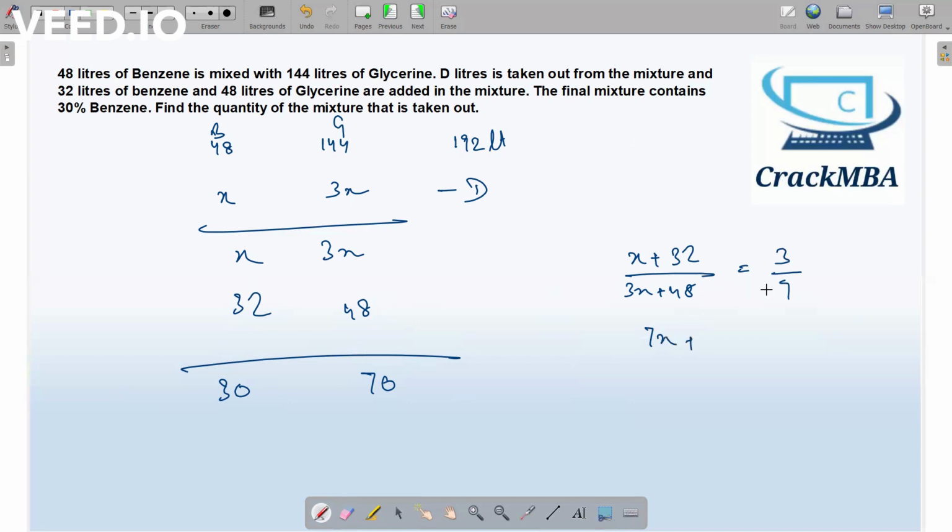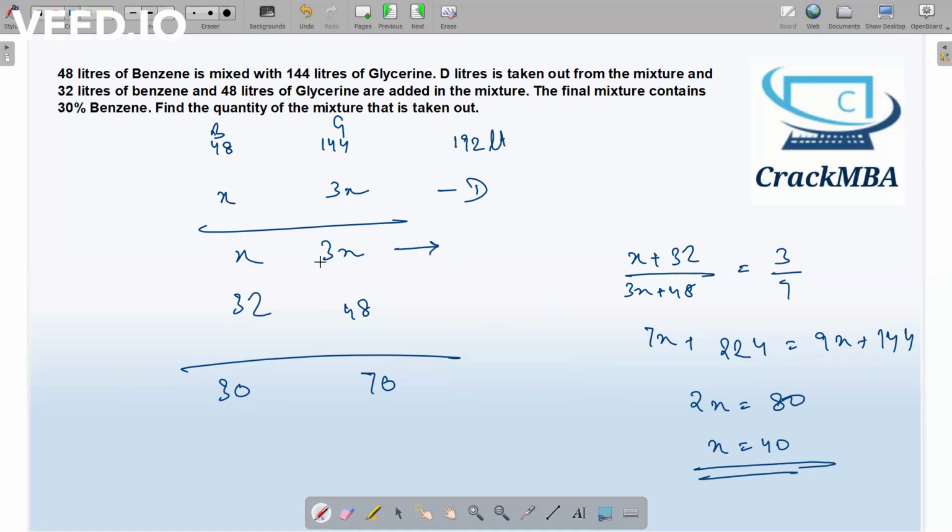Cross-multiplying: 7x plus 32 into 7, that is 224, is equal to 9x plus 48 into 3, that is 144. So 2x is equal to 80, and x equals 40. So I got x equal to 40.